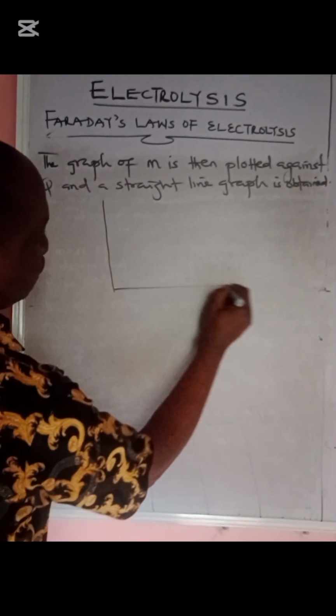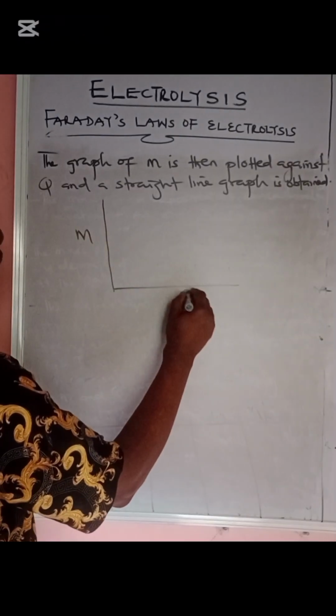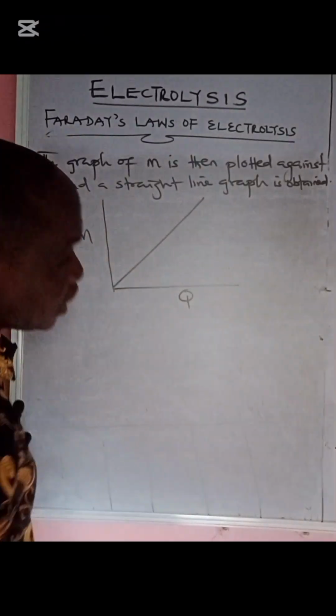So sketch the graph. You have M here, you have Q here, you have a straight line graph.